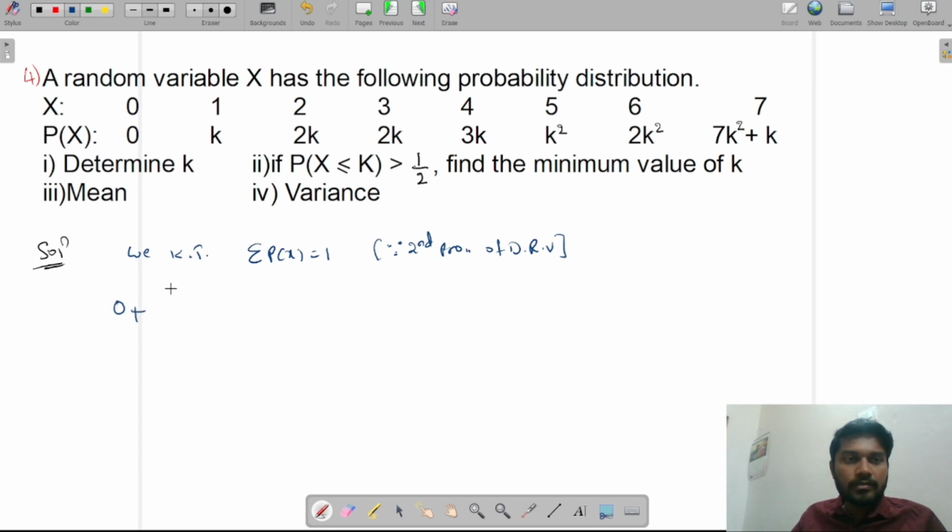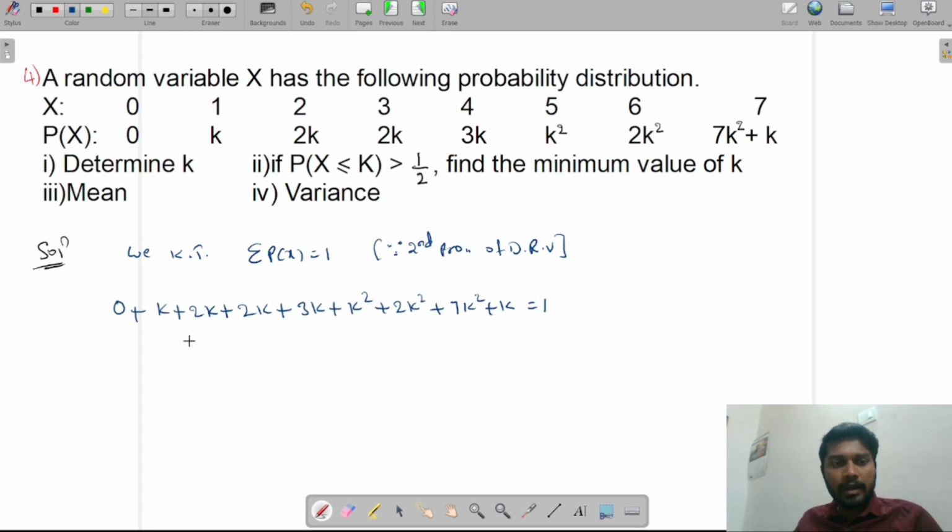0 plus k plus 2k plus 2k plus 3k plus k square plus 2k square plus 7k square plus k equals 1. Now add all these values: 1, 3, 5, 8 and 9, so we get 9k.